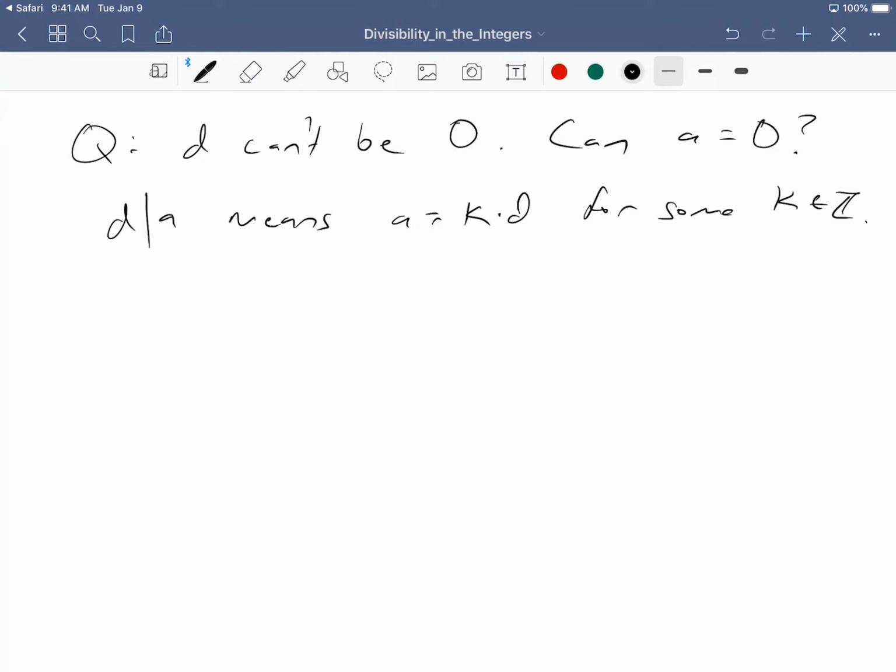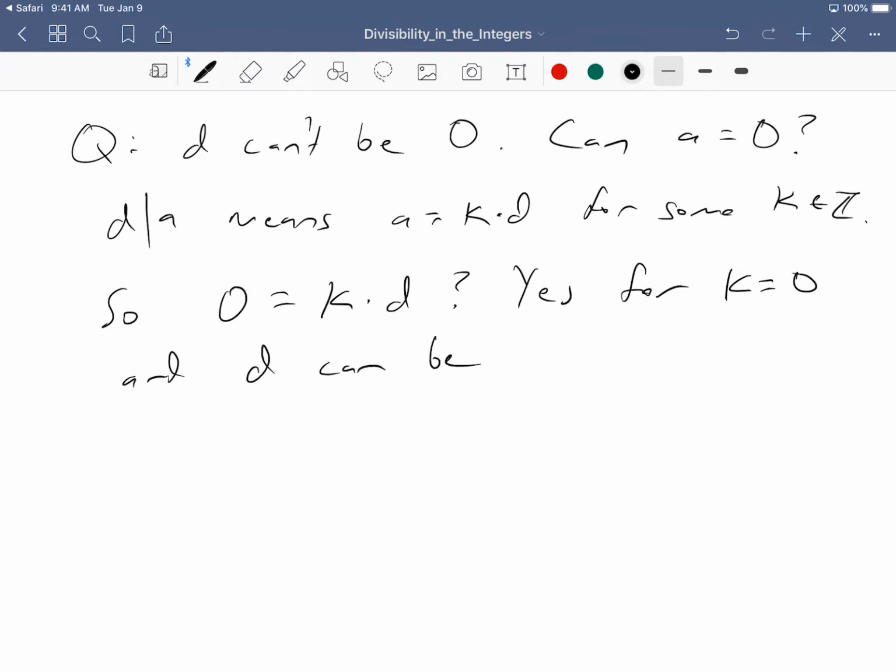So what if a is 0? Can we complete that equation? So does 0 equal k times d? Yes, this works, for k equals 0 and d can be any non-zero number.